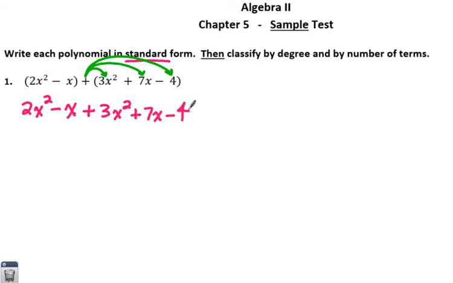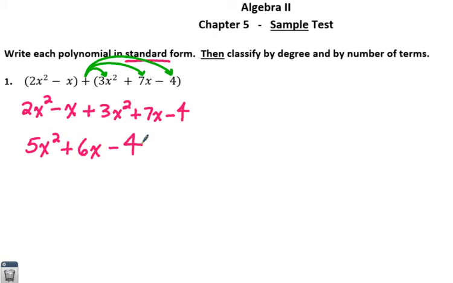And then we look to combine like terms. 2x squared will combine with 3x squared to make 5x squared. This negative x will combine with this positive 7x to become plus 6x, and then that minus 4 doesn't combine with anything, right? And so that's the standard form for that.